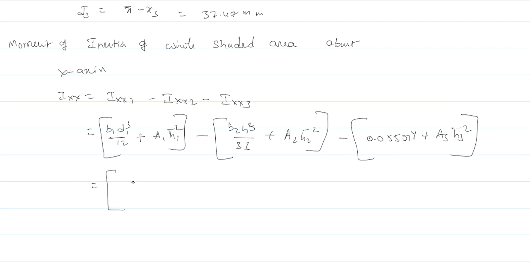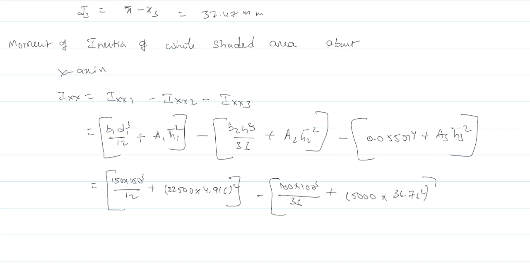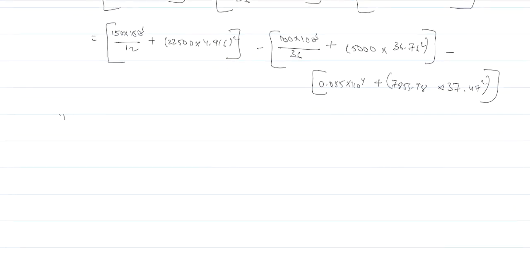If you know b1, b2, everything, just substitute it. 150 into 150 cube by 12 plus 22500 into 4.916 whole square minus 100 into 100 cube by 36 plus a2, that is 5000 into 36.76 square minus 0.055 into 100 power 4 plus 7853.98 into 37.47 square.